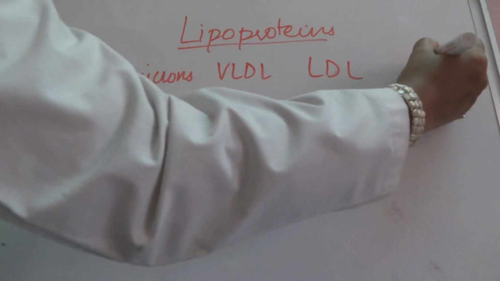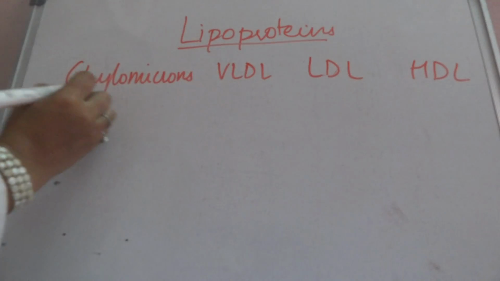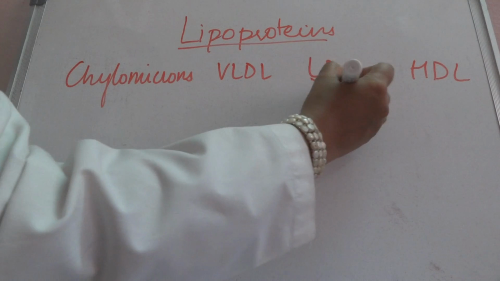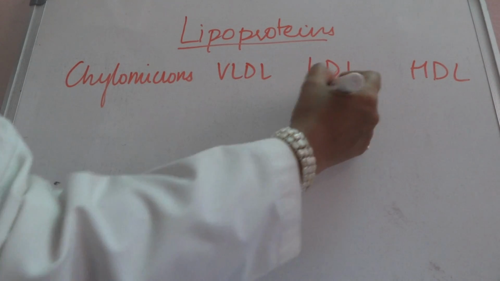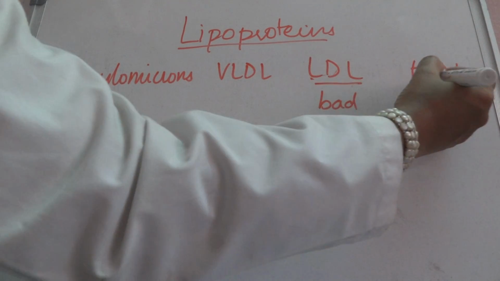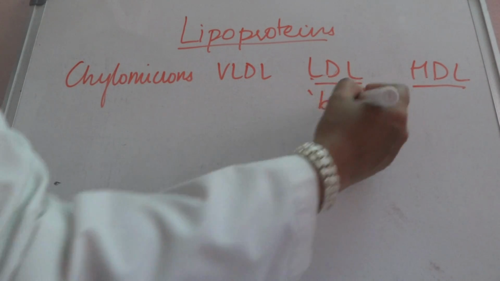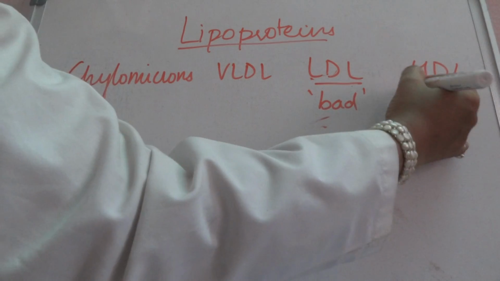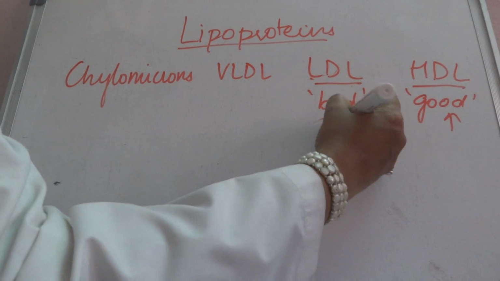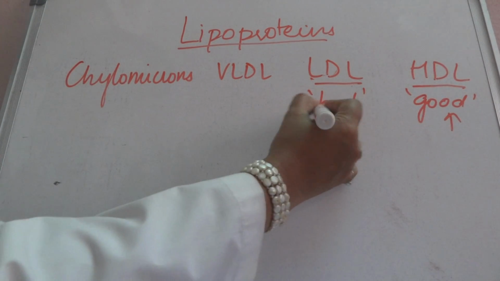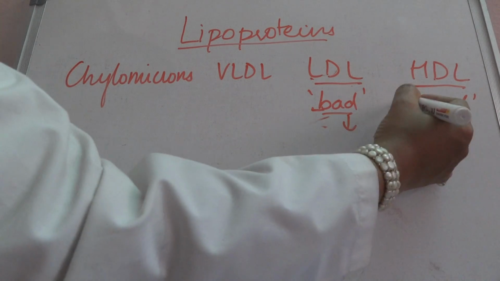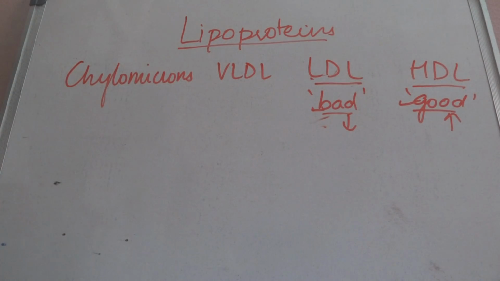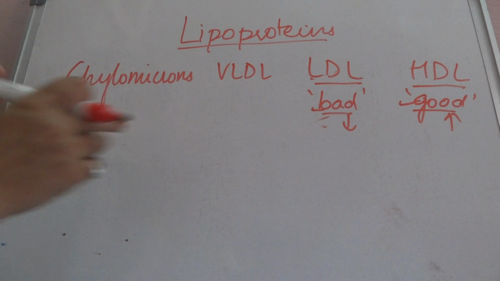Now if we see who's the bad lipoprotein, this is a bad lipoprotein or bad cholesterol. It is called bad cholesterol, and this is a good lipoprotein. The value must be high of this and the value must be low of this. So this is bad cholesterol, bad lipoprotein, and this is good lipoprotein or good cholesterol in layman language.